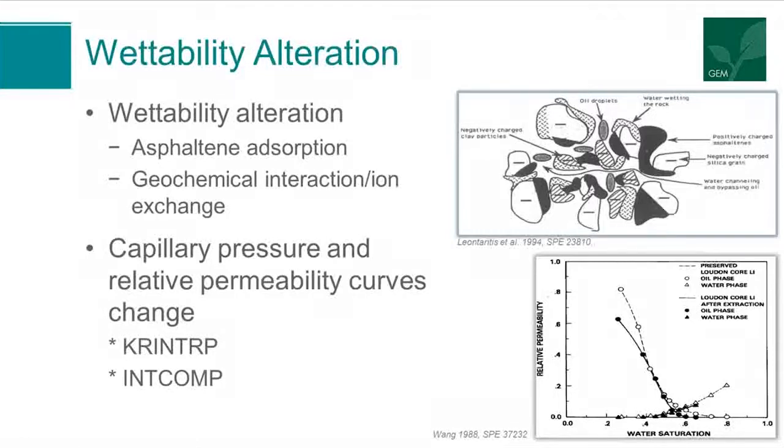Because of these effects, the permeability and wettability of the reservoir can be affected. In GEM, we have the options to change the capillary pressure and relative permeability curves as a function of component composition. In this way, we can capture the wettability alteration from oil wet into water wet, or from water wet into oil wet.